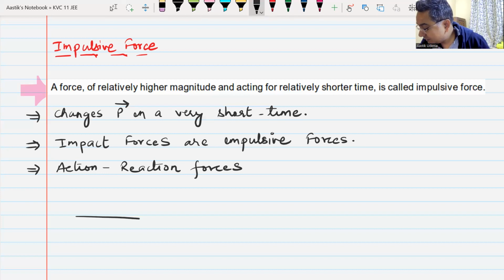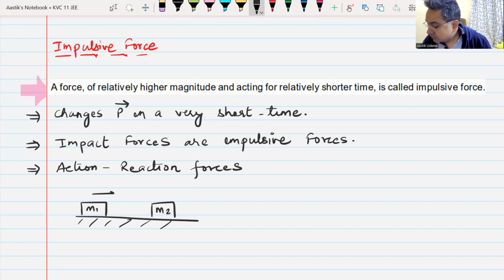What do I mean by this? If I have two bodies, here M1 and here M2, this is moving with a velocity V1, this is moving with a velocity V2, they are going to collide. They are going to have an impact between each other.